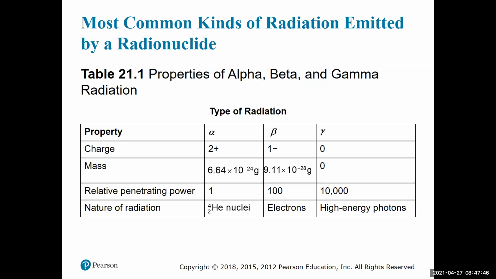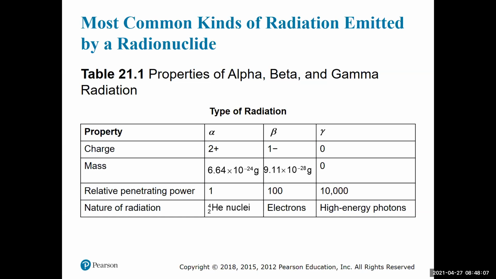The mass is fine. We're not going to spend too much time on that, but the penetrating power, and this relative penetrating power, all this means is the bigger the number, the more penetrating power it has. It's not saying that's the absolute number. It's just saying comparing these types of radiation, gamma is 10,000 times more penetrating than alpha.